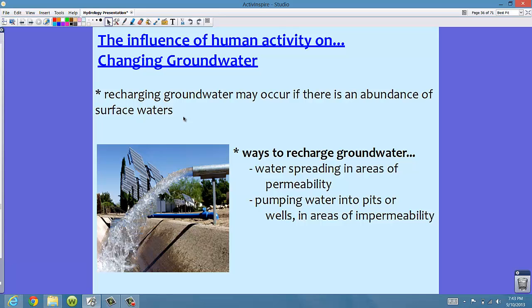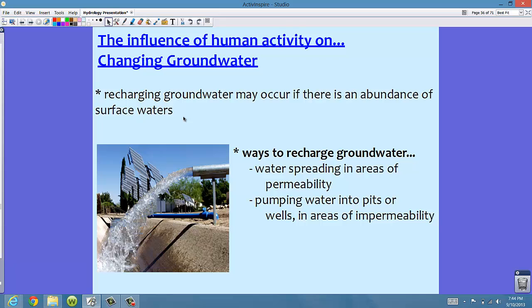This might be a recharging of the groundwater in certain areas. Again, your textbook describes places in Israel that do this. They have an overabundance of irrigated water on the surface, so what they do is take this water and give it back. They create these pumpings or these pits which allow water to seep back into the ground, infiltrate, if you will.